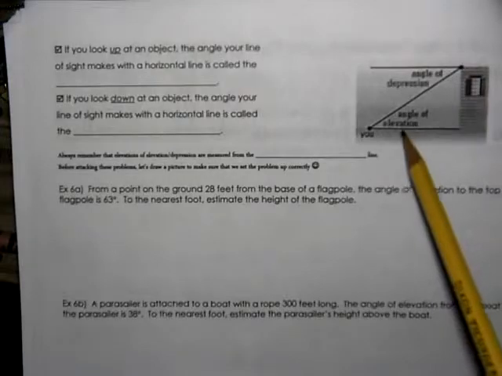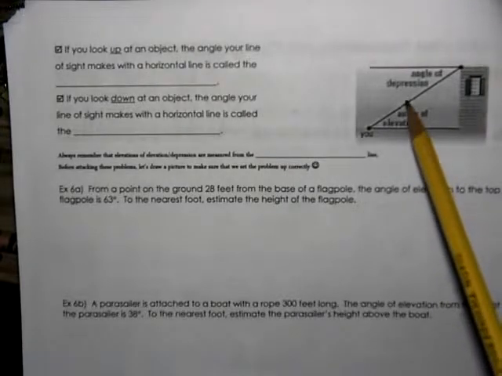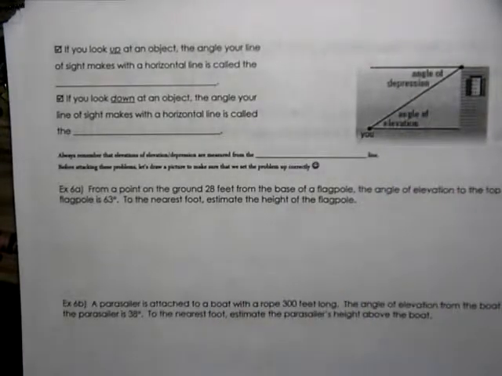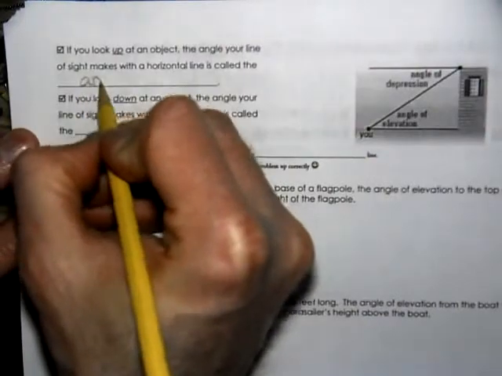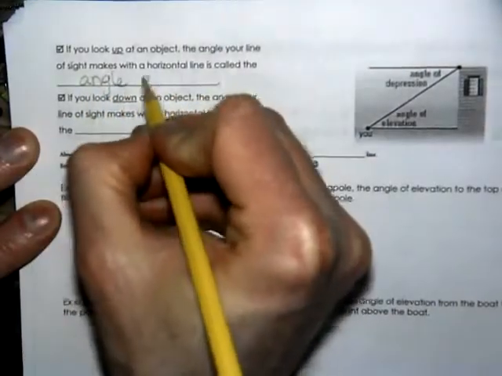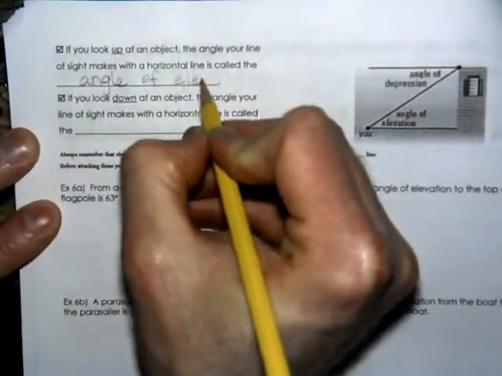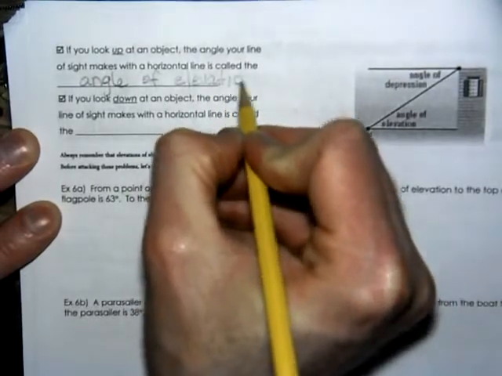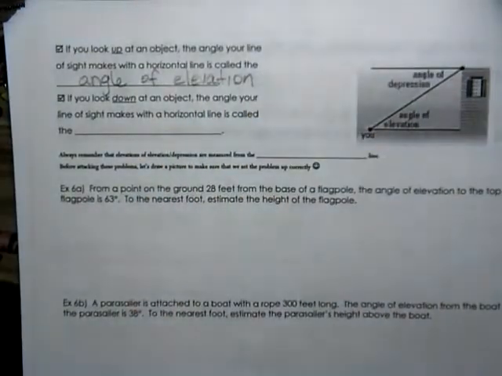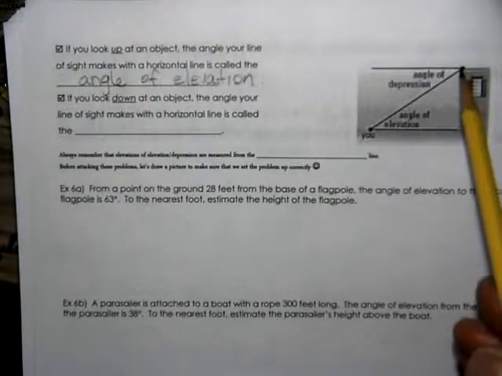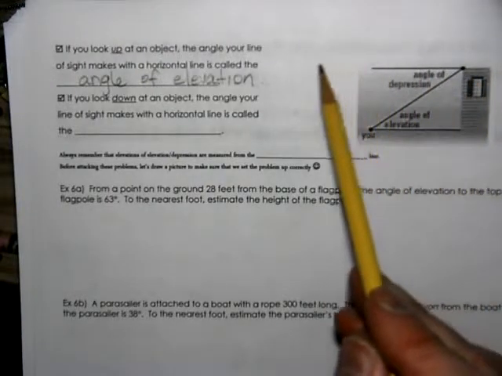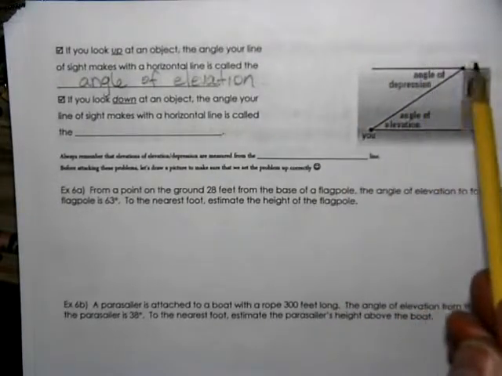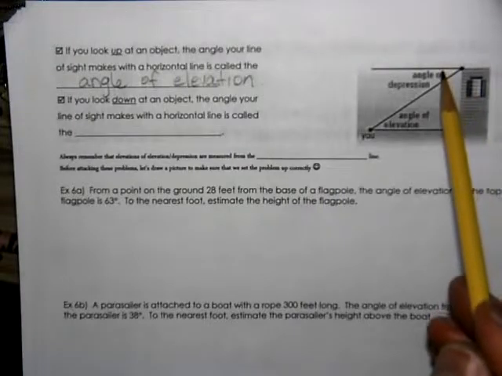So looking up compared to the horizontal, that would be your angle of elevation. Now if you were on top of the building, looking straight out, your angle of depression would be the angle at which you look down.